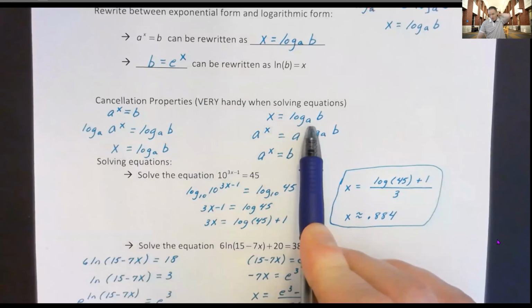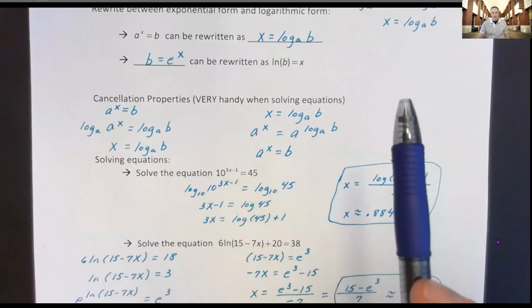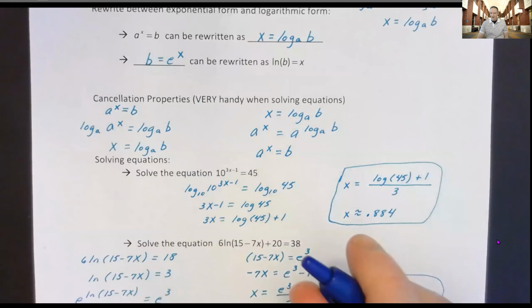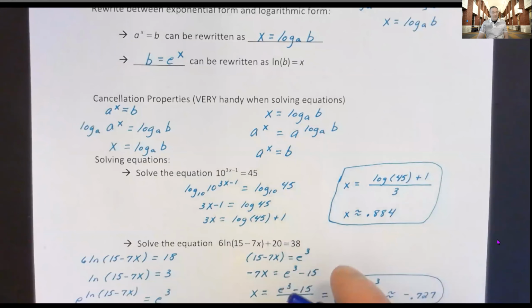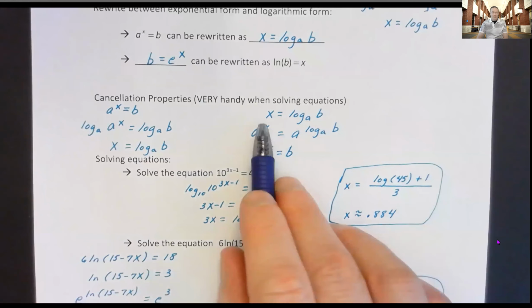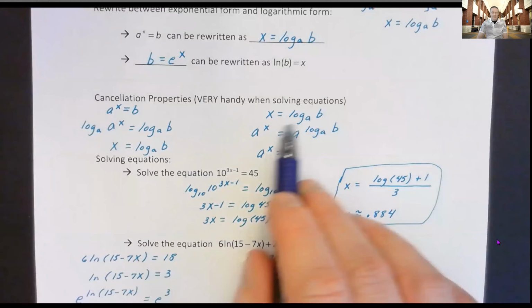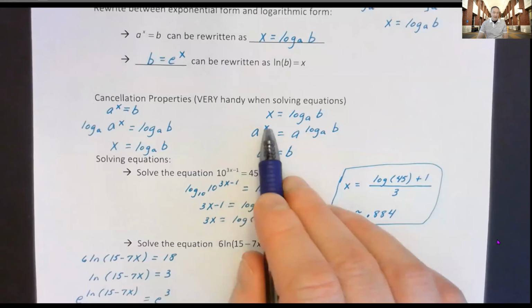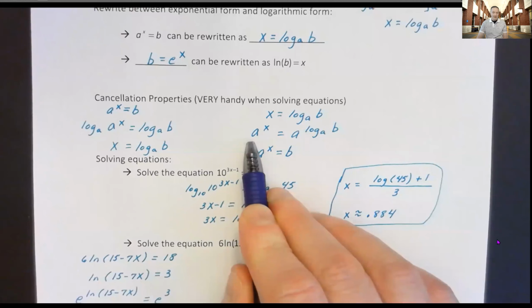Well, what if you start with this and you want to get rid of that log base a? And you say, well, the inverse of a log base a is an exponential base a. Sometimes, unfortunately, students think, ooh, I need to multiply by an exponential base a. Absolutely not. The process is called exponentiation. In order to exponentiate each side of your equation with an exponential base a, you literally put both sides of the equation into the exponent of an exponential base a.